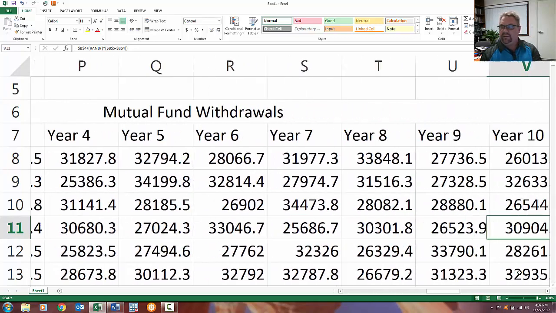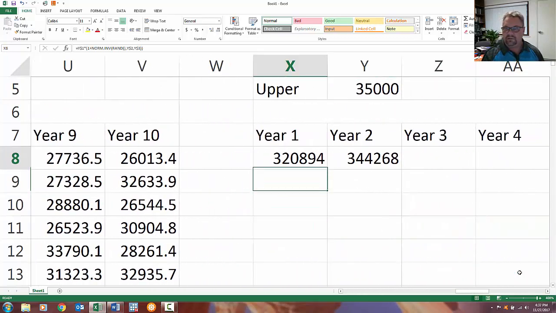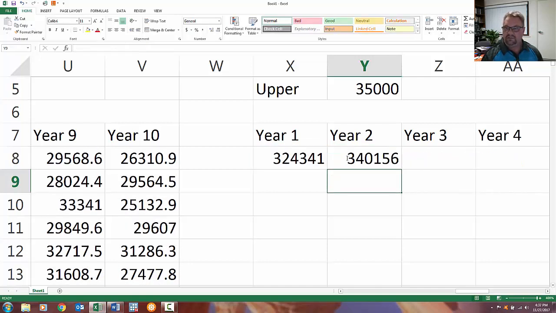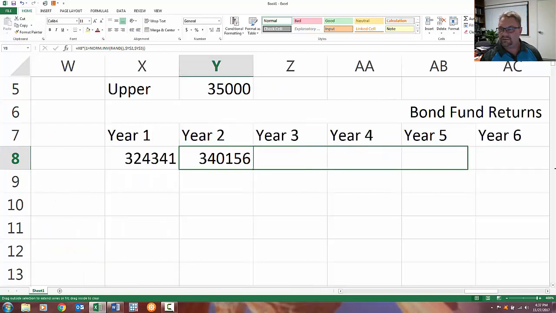Okay, so now go back to my bond fund returns. Here we go. So, did I get this correct? No, I didn't. I still have the $ in there. Get rid of it. Okay, copy it across.